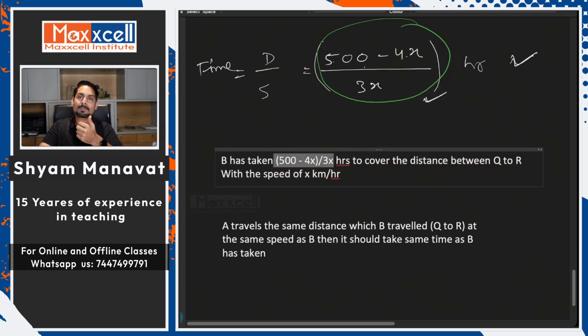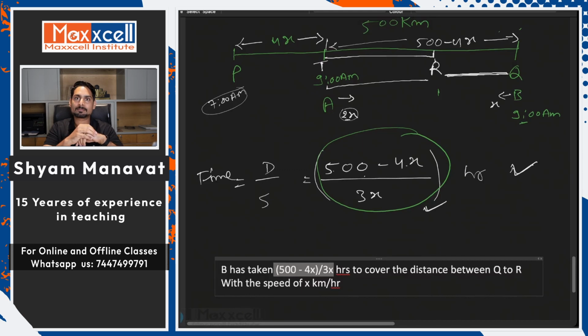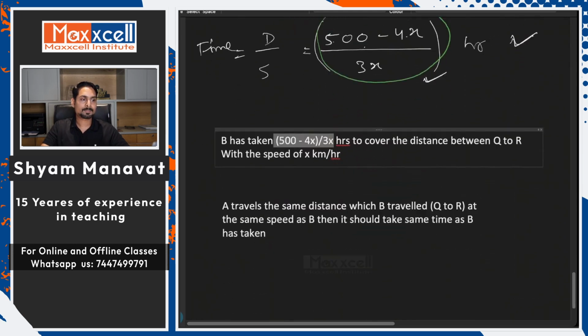From where did we get this? After doing this calculation, how did we get this? By applying the relative speed. Are you able to connect the dots? If not, then please repeat this, rewind this part of the video.